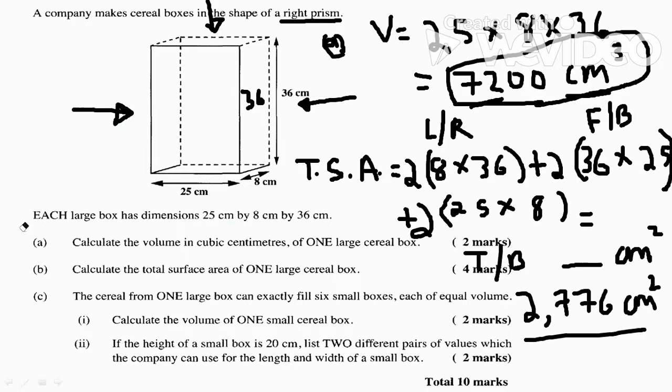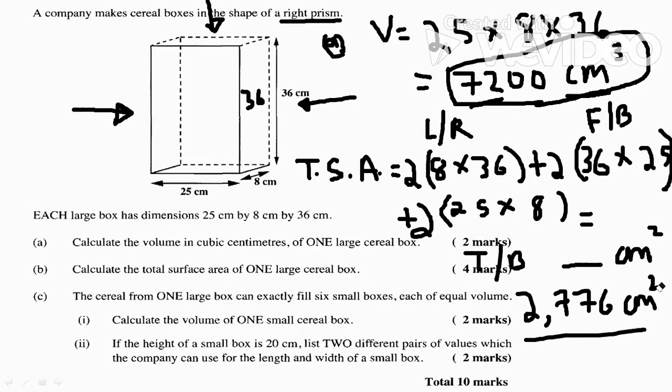So we just did some math, multiplied out the values for the length and the width, and times everything by 2. And we got the total surface area of the box to be 2,776 centimeter square. Notice that whenever we talk about area, surface area, the unit is always squared.